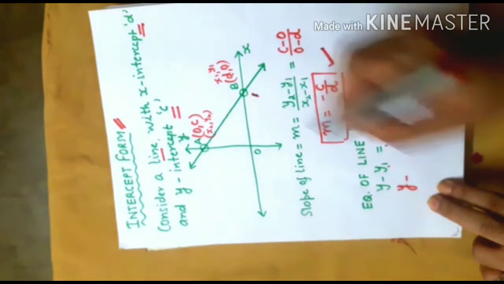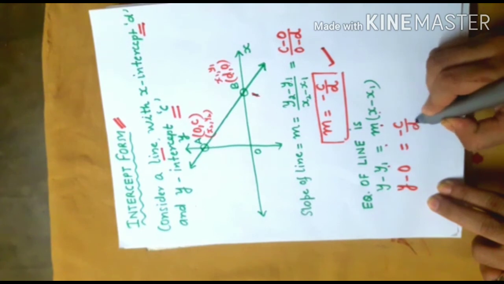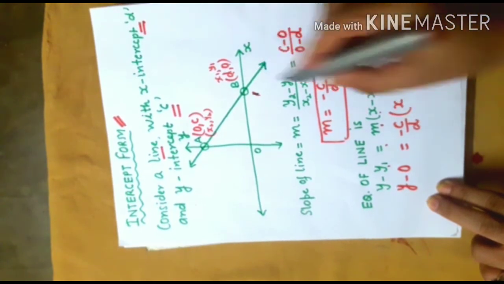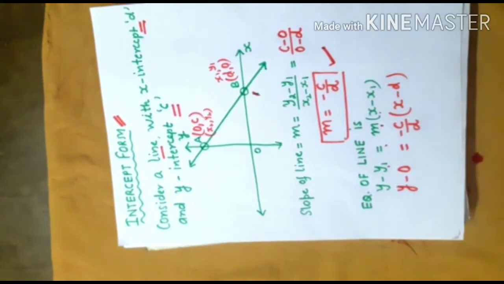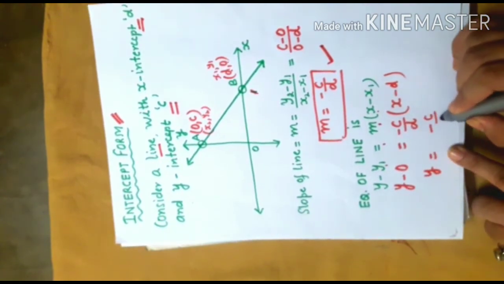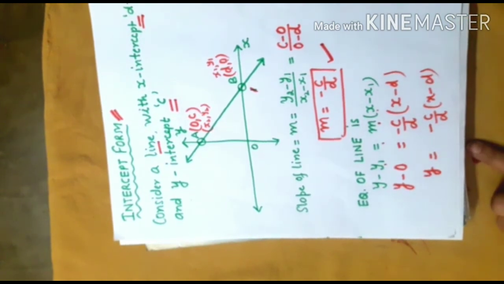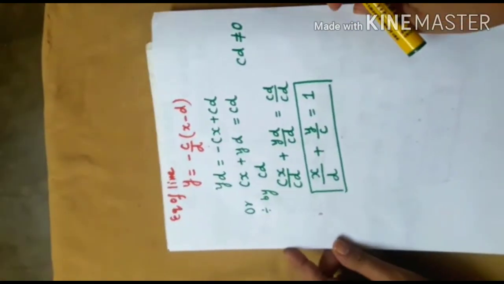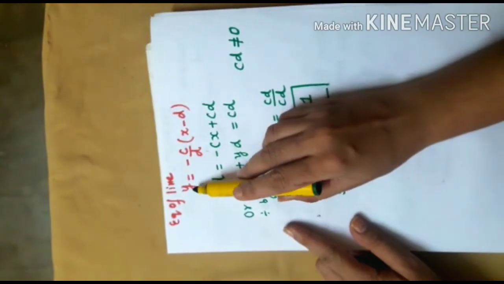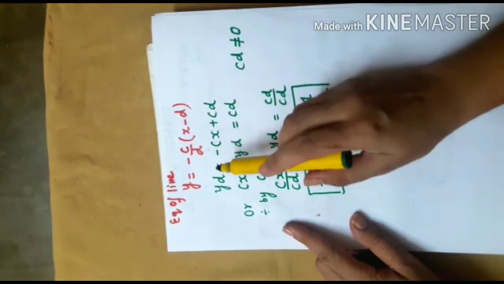So here y1 is 0, m is minus c over d and x1 is d. That is, y is equal to minus c over d into x minus d.